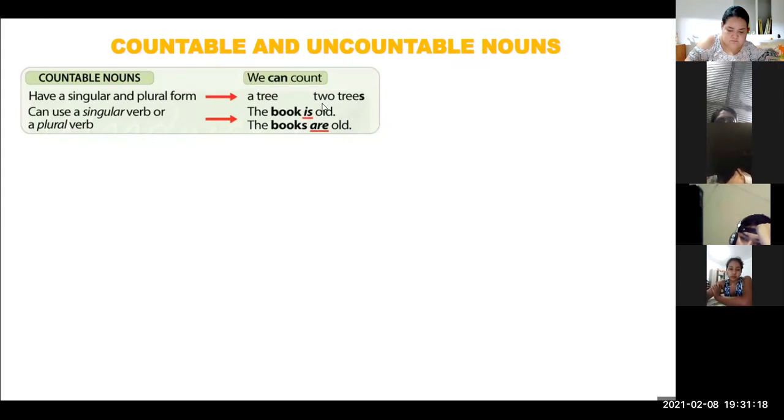Take notes. Then in countable nouns, we can use a singular verb and also a plural verb. For example, the book is old. The books are old. These are the characteristics that we have for countable nouns.